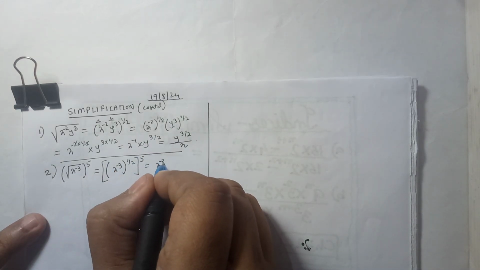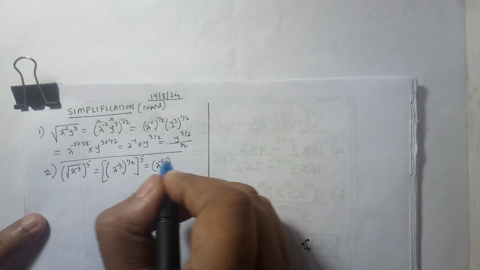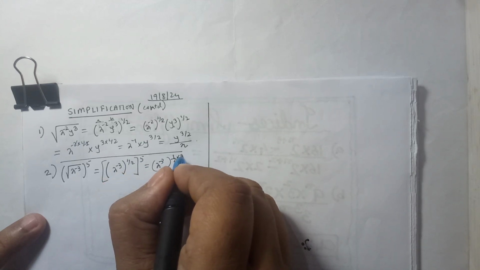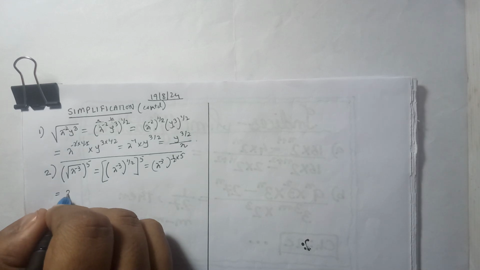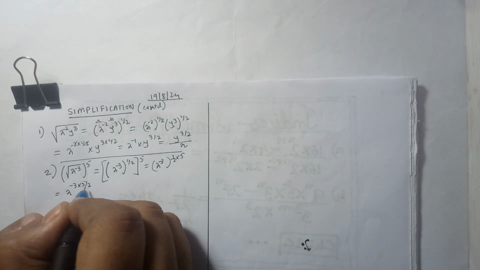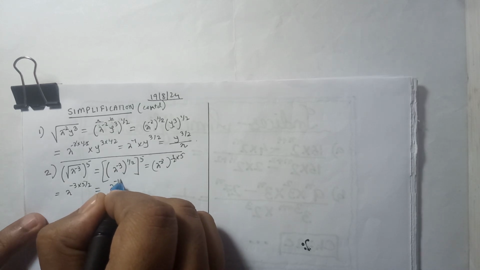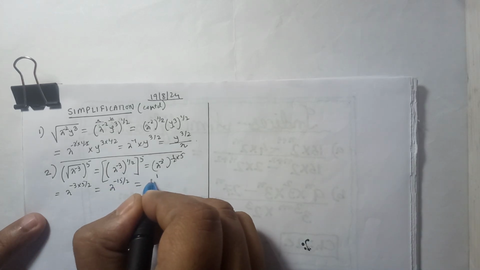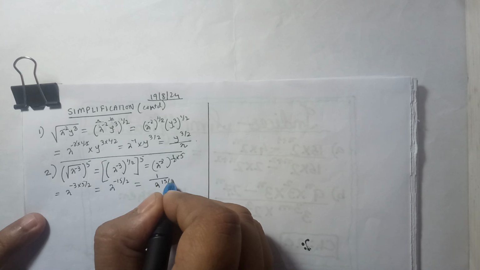So x to the power of minus 3 will be multiplied by half into 5. And again x to the power, this and this should get multiplied, into 5 by 2. x to the power minus 15 by 2, or 1 by x to the power of 15 by 2. Clear?